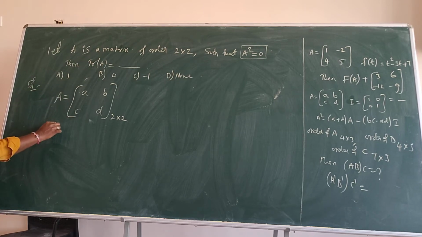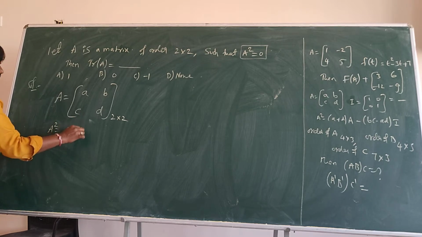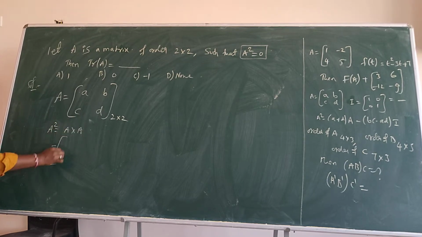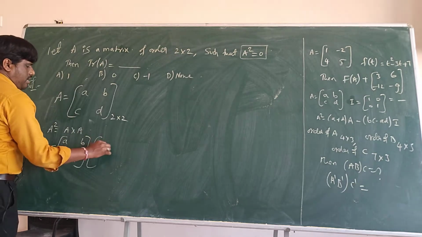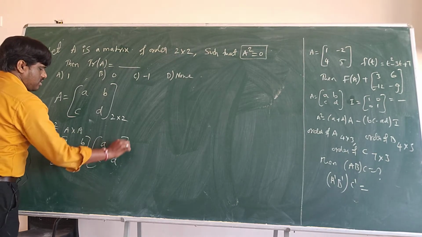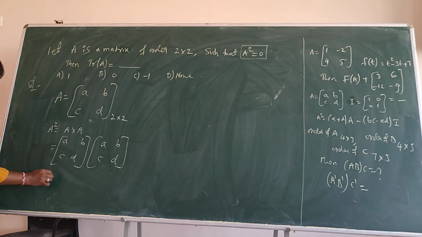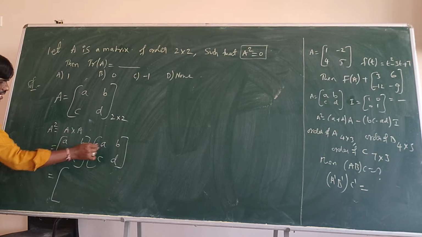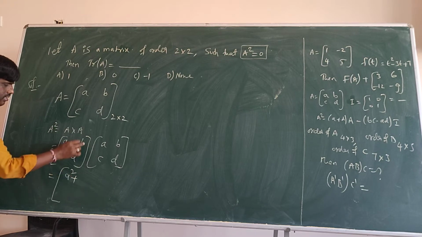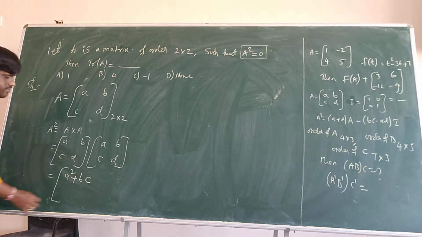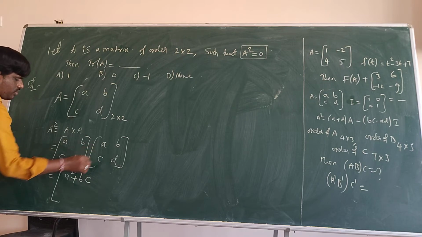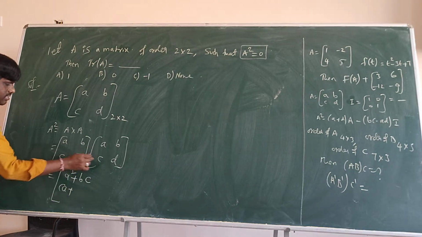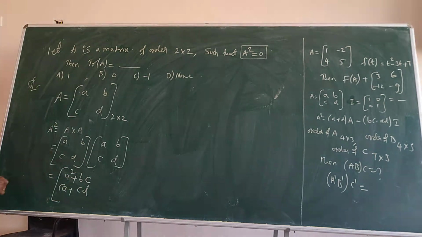So A square is nothing but A into A, so A is [a, b; c, d] into [a, b; c, d]. We are going to multiply this. What do I get? A into A, a square, plus B into C, bc; C into A, ca, plus C into D, cd.